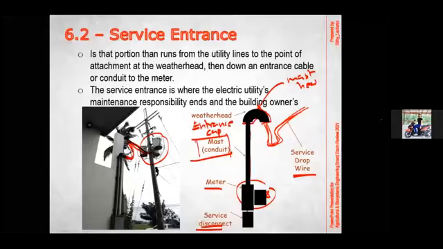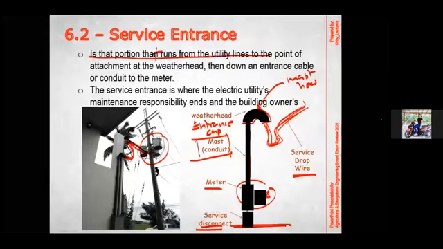Okay, so from this point, that's the service entrance. It is the portion that runs from the utility lines to the point of attachment at the weatherhead. Then down to the entrance cable or conduit to the meter.